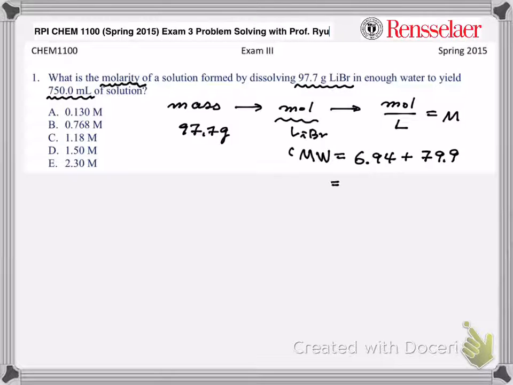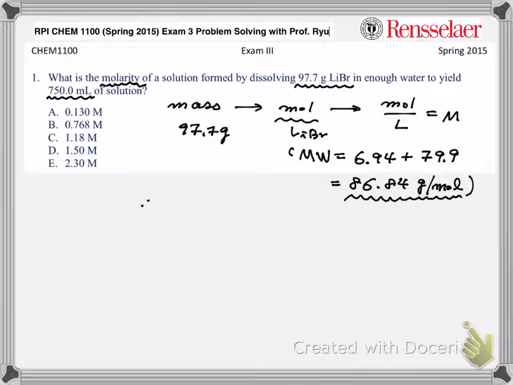So if you add it up, that will be 86.84. The unit is gram per mole. So once again, if you have 1 mole of lithium bromide, it will weigh 86.84.